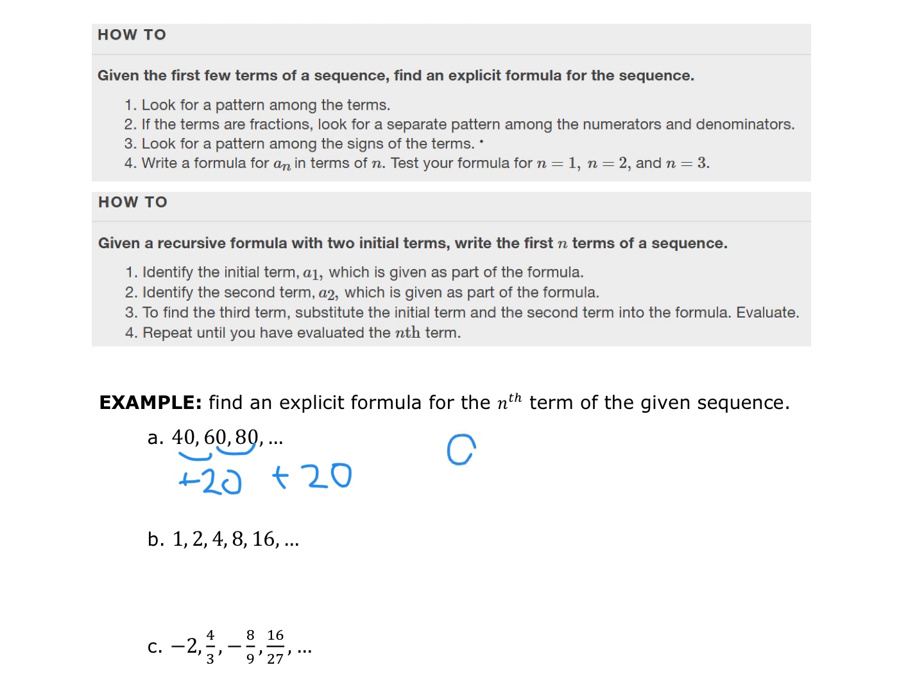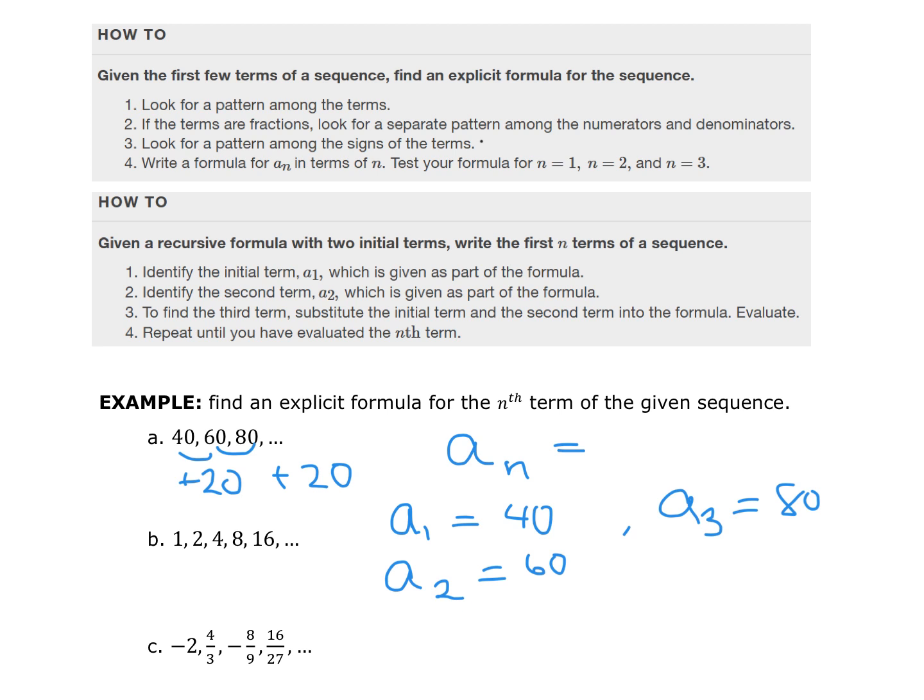So what I think is happening is a sub n is going to be, let me see, if I put in 1 for a sub 1, 40 has to come out. If I put in 2, 60 has to come out. If I put in 3, 80 has to come out.